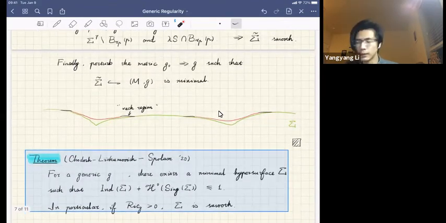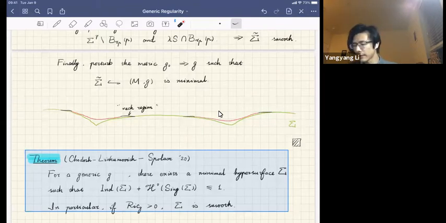And recently, using a similar analysis of Hardt-Simon, and also some trick inside min-max theory, Chodosh, Mantoulidis, and Bellettini showed that for a generic metric, there exists a minimal hypersurface such that the Morse index of sigma plus the number of singular points is at most 1. In particular, if the Ricci curvature is positive, then no minimal hypersurface is stable.